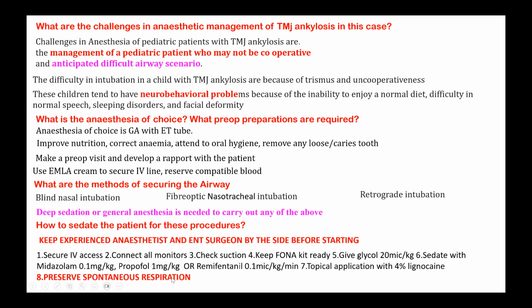Then always preserve spontaneous respiration, and then go for any of these things. Normally fiber optic nasotracheal intubation should be successful, so you can go for that as the commonest, easiest method. These are the steps of how you do that. In the exam they will also ask you how you will sedate the child. These are all the steps that you have to follow in the exam.